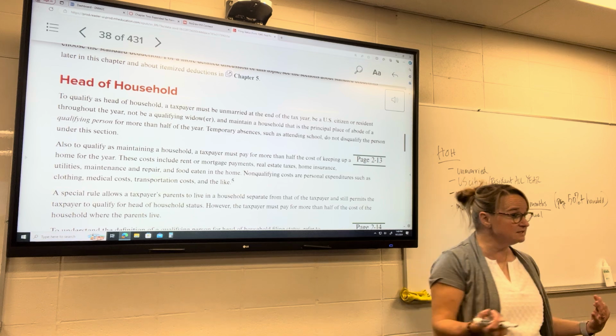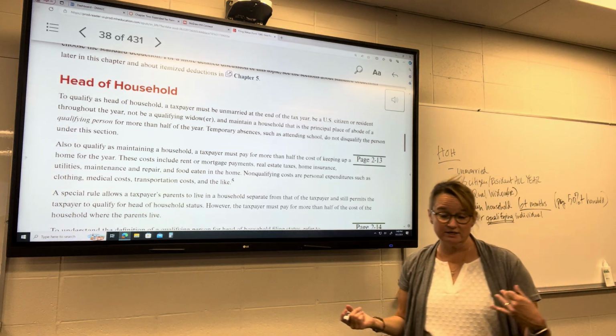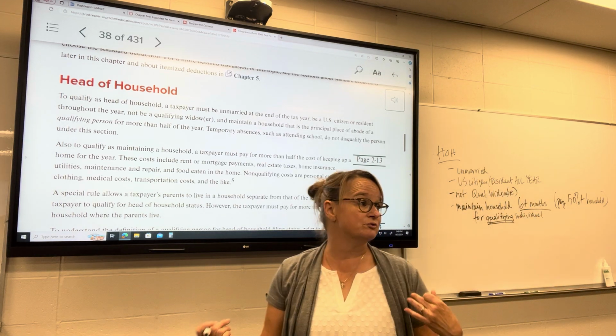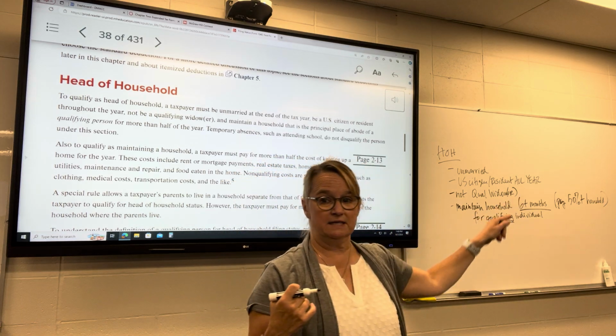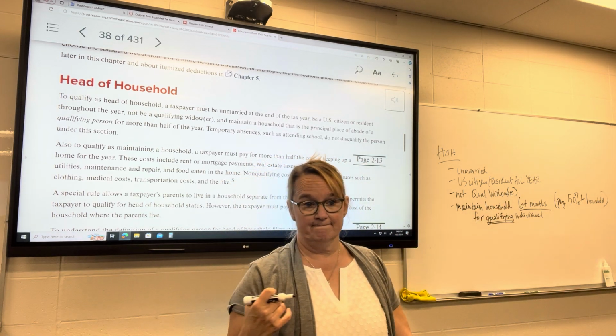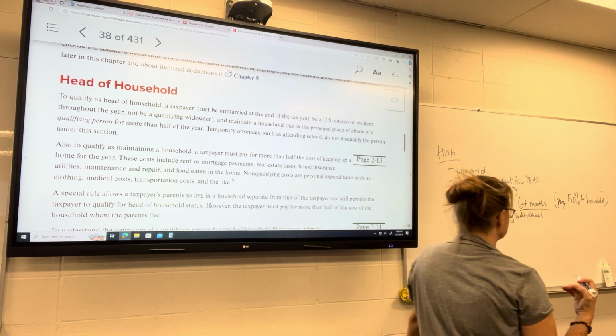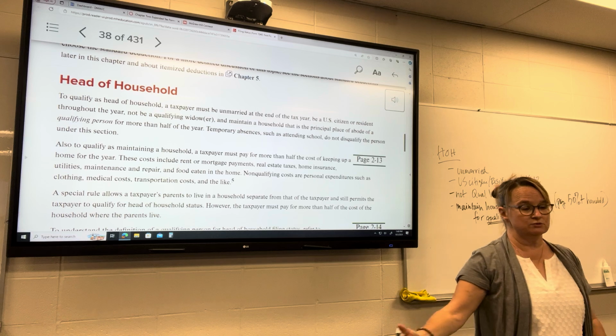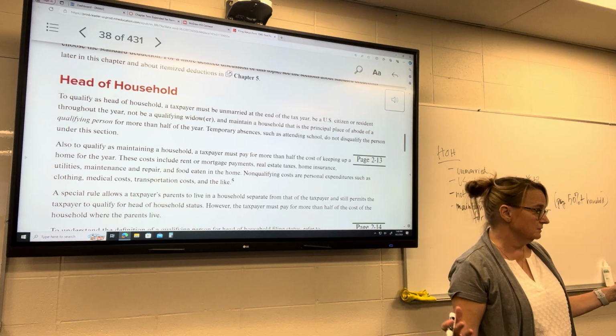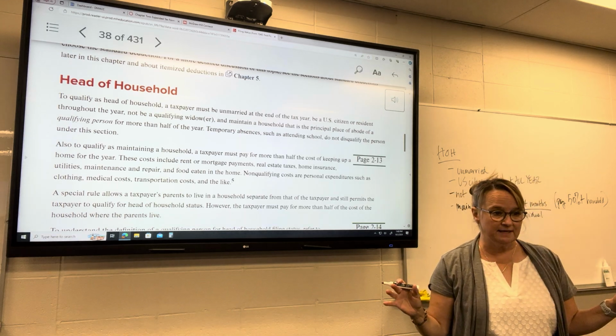And oftentimes this is what happens. You'll get multi-generational families living together, and there's a question of who is maintaining the household. So if you have grandma and son and grandchild all living together, then it becomes complicated.